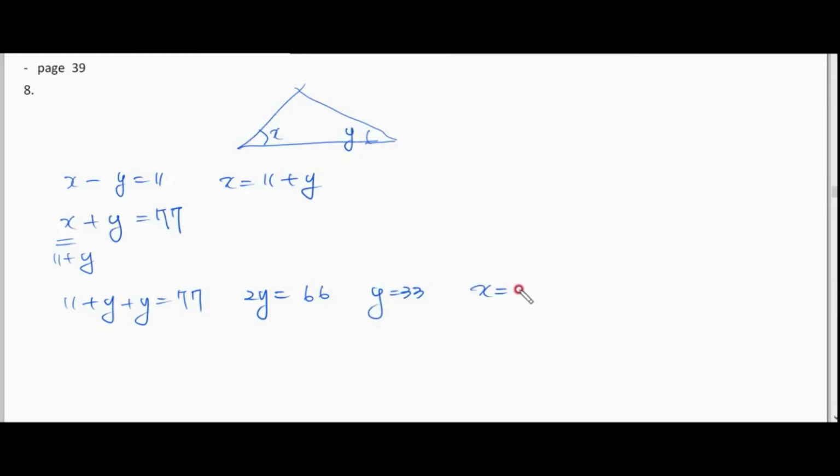Then x equals 77 minus 33, which is 44. And also, we should find the last angle left, since the question asks us to. So with 33 and 44, because triangles total 180, 180 minus 77 equals 103. So this angle right here is 103.